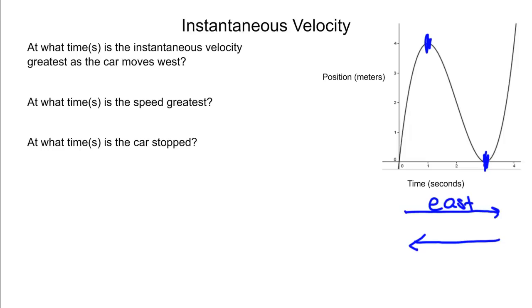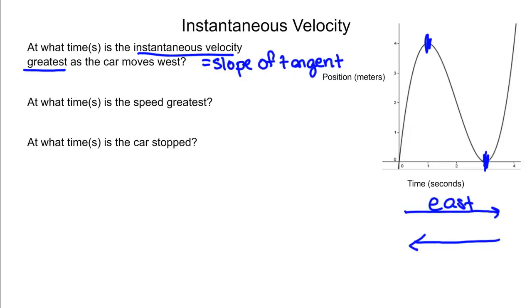When is the instantaneous velocity greatest? So remember, instantaneous velocity is the same as the slope of the tangent line. So we're really asking, when is the slope of the tangent line greatest, or the steepest? So let's see.